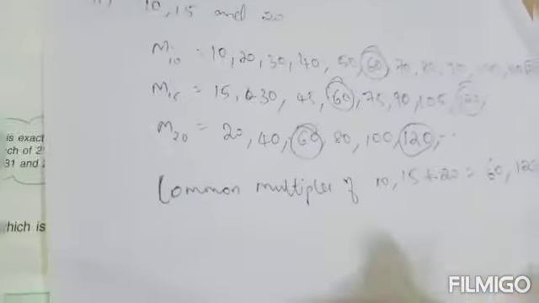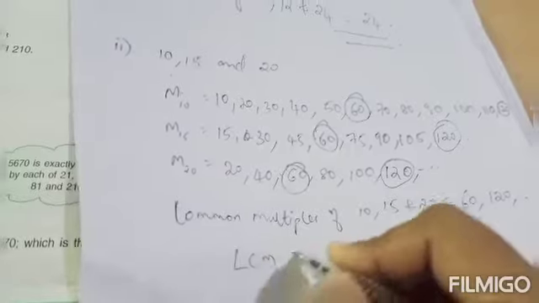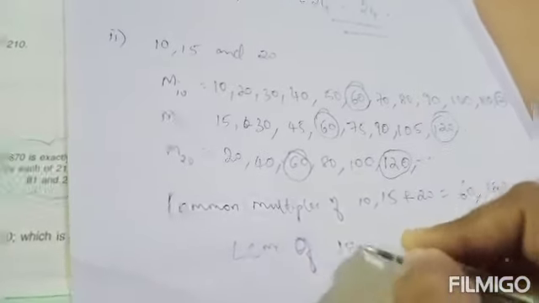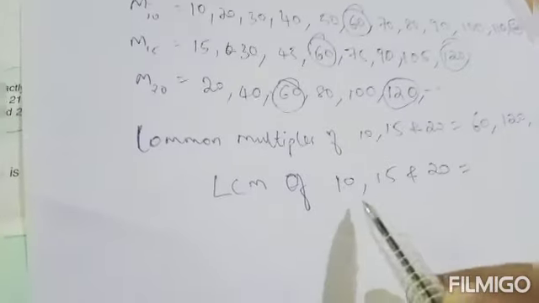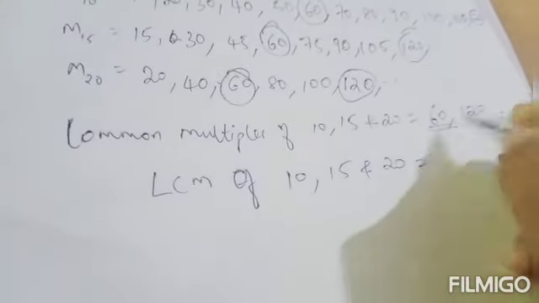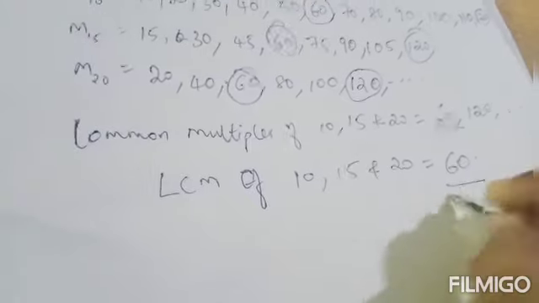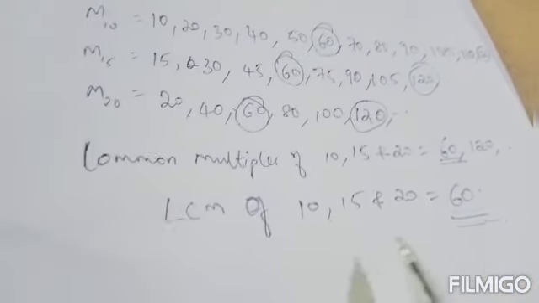So common multiples of 10, 15 and 20 are 60, 120, etc. Now among these common multiples, which is the least, the lowest one? That will be the LCM of 10, 15 and 20. Here it is 60. So 60 is the LCM of 10, 15 and 20.